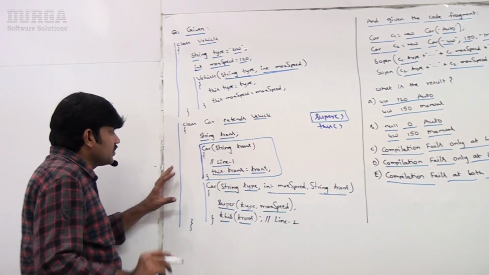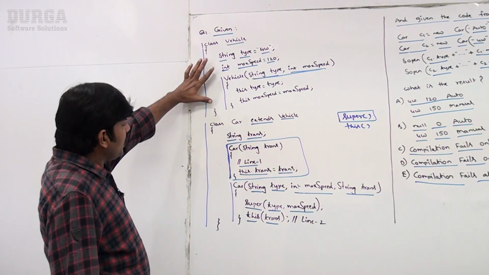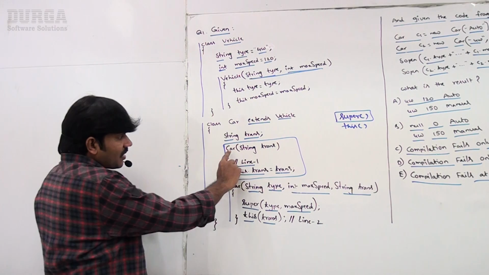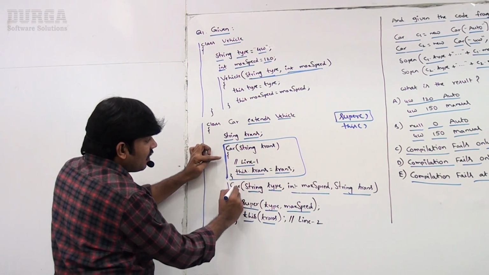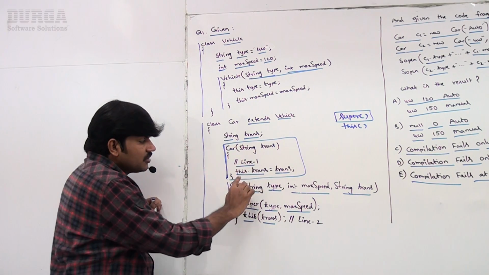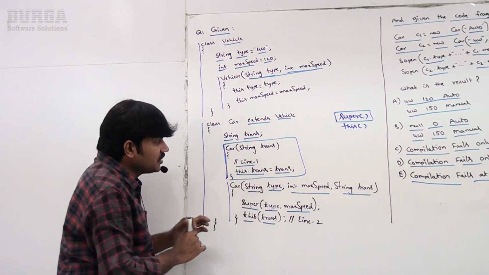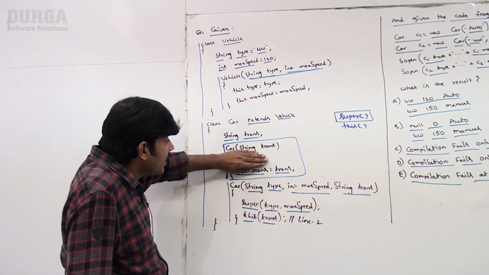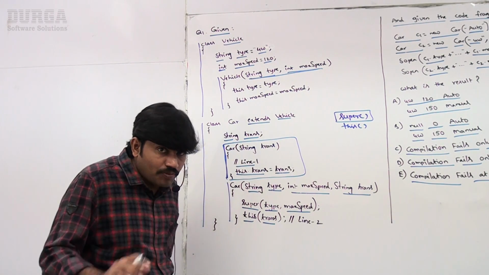Now have a look once, sir. Here, this is the Vehicle class, this is the Car class. Inside Car, in the first line there is nothing, just this.trans = trans. So in the first line we are not taking either super or this.